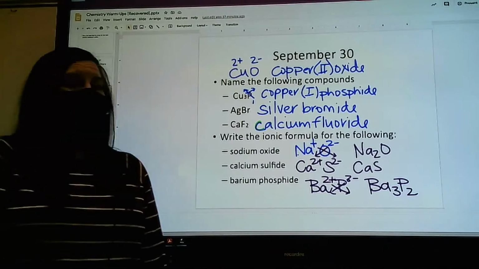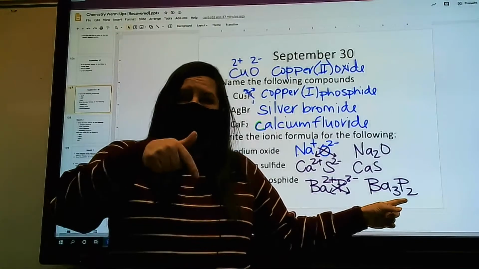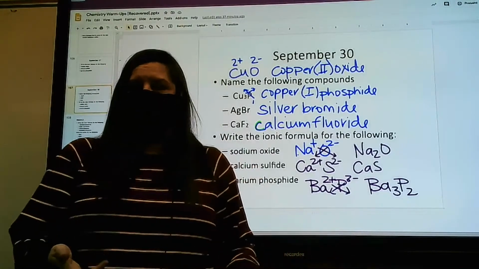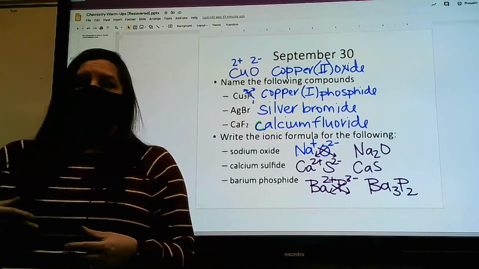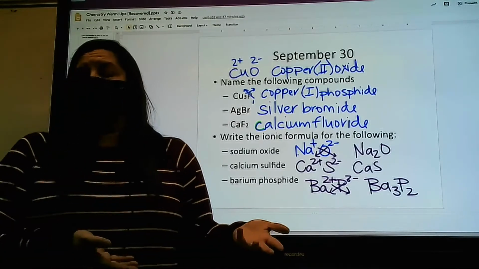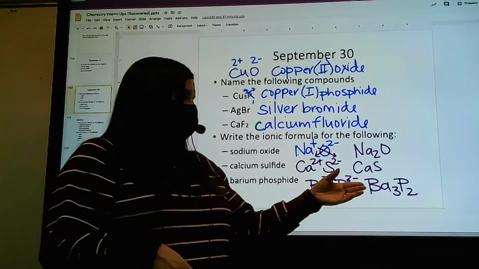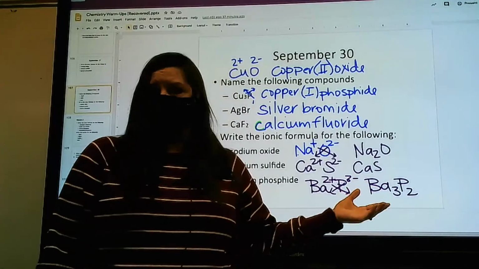The things that you need to make sure you are aware of, these subscripts need to be smaller and at the bottom of the number. You cannot write them at the same size. Granted, on your quiz that you're supposed to take tomorrow, you don't really have the ability to do that via Canvas, so it will just be a regular size number. Make sure you're only capitalizing the letters that need to be capitalized.